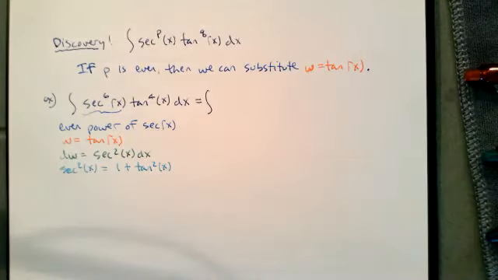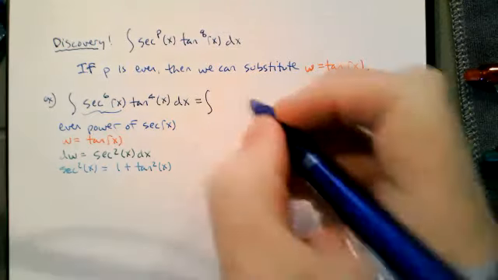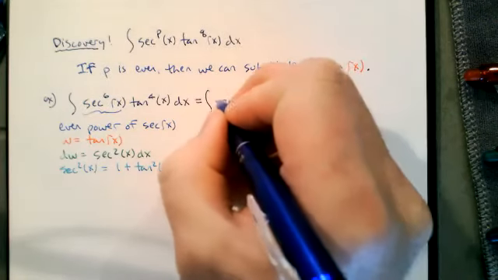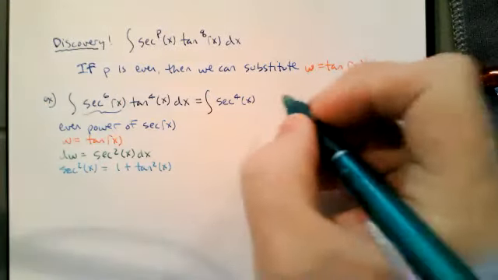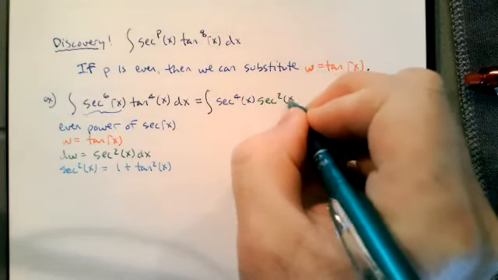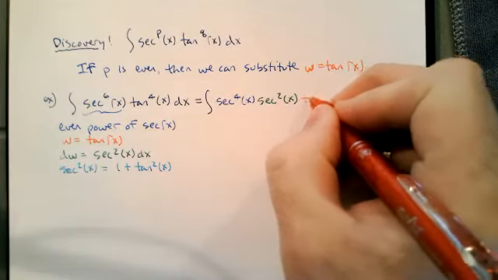Secant to the 6th is going to be split up into secant to the 4th, that'll get converted, and secant squared x. I need 2 factors of secant to be the dw. The tangents are all going to become w.